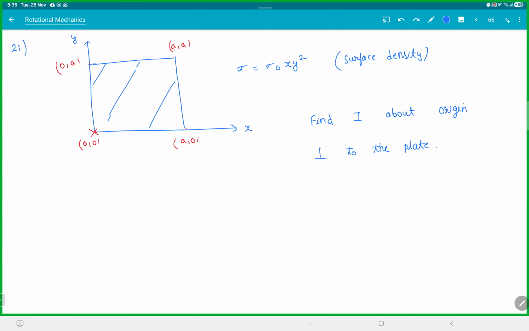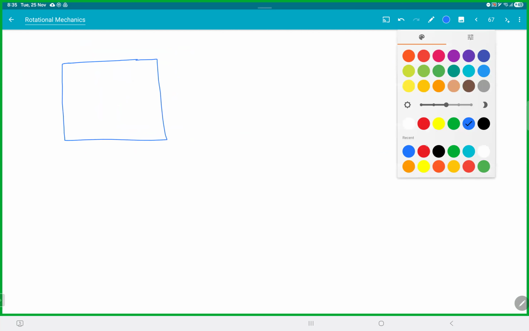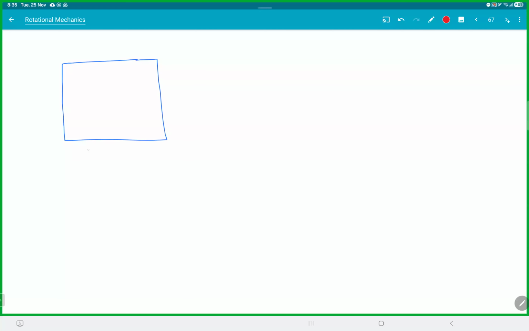I hope you guys remember how we did the double integration thing. I'll show you the element, then I'll give you some time. So at a distance x from here and at a distance y from here, take a small rectangle.